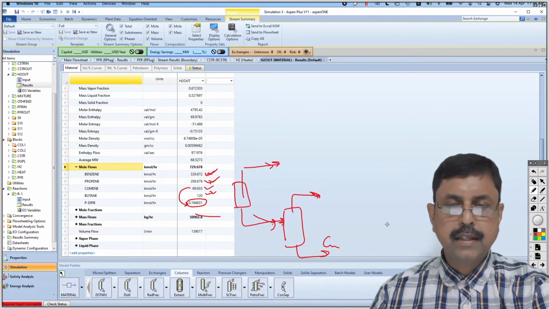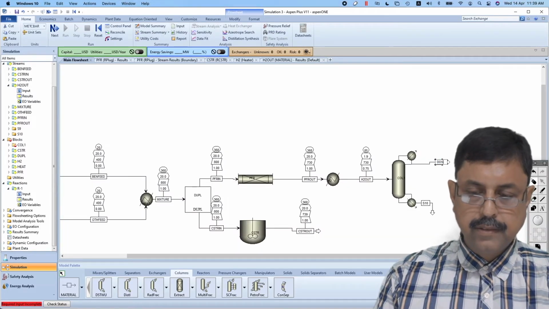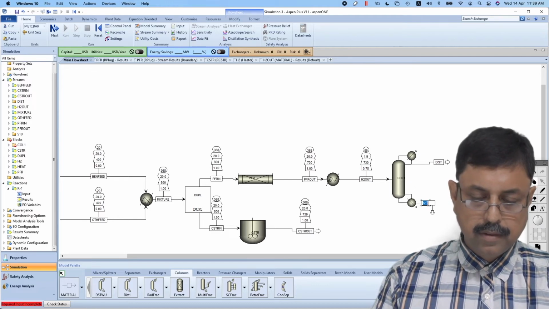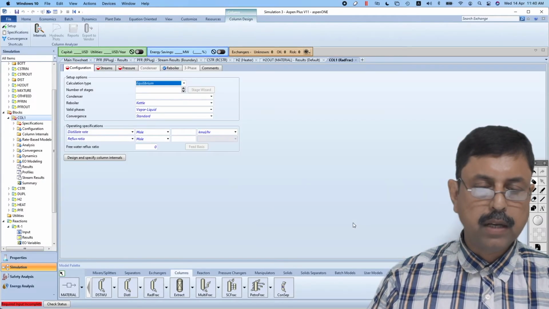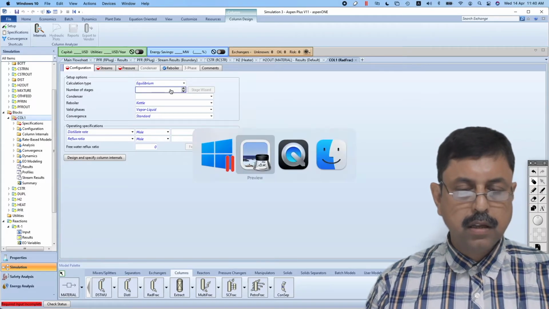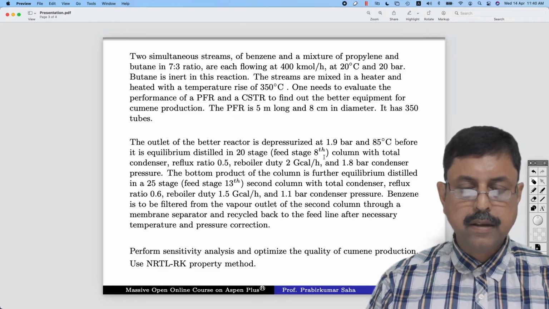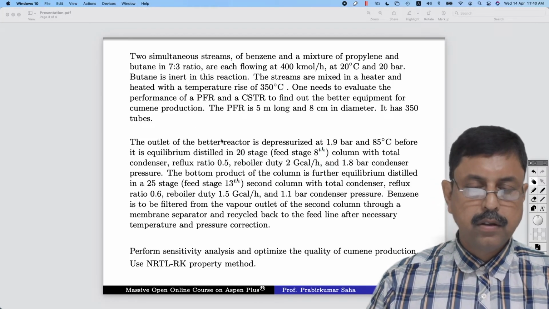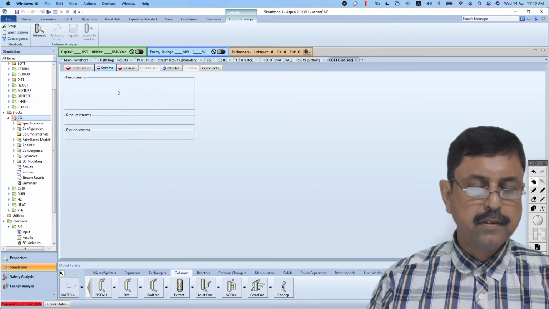Let us check the columns one by one. So let us rename it as DIST and rename it as BOTT. And we have to give the information about column 1. So equilibrium based calculation, the number of stages we have is 20, out of which feed stage is the 8th one.